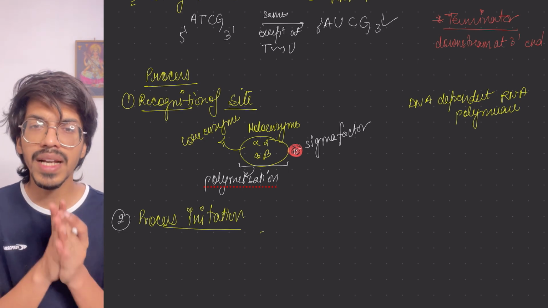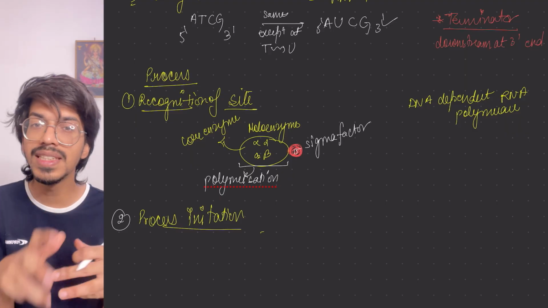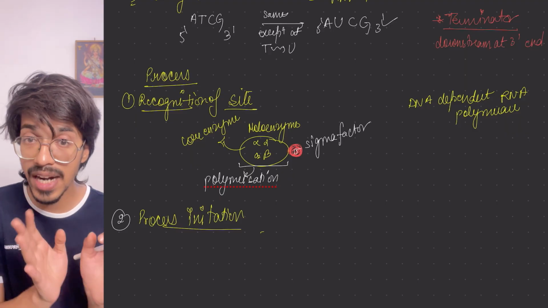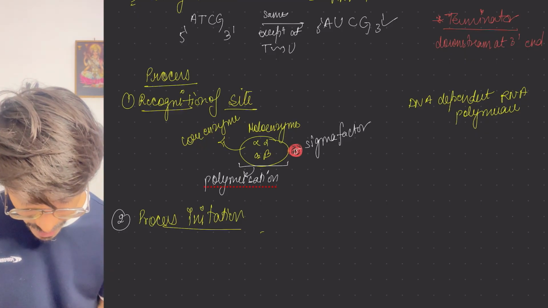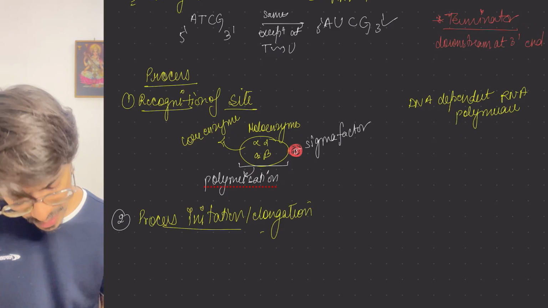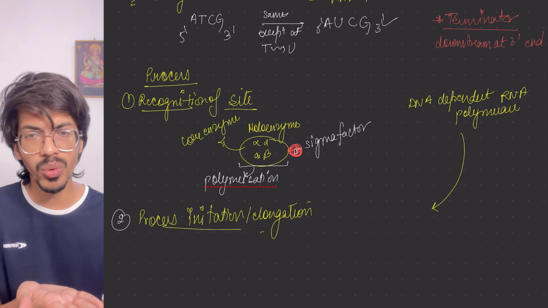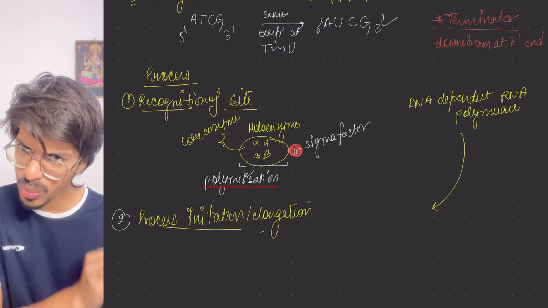The TATA box and Pribnow box, these terms have been told to you, so you have to remember them. They will be identified, the process starts, and elongation occurs. Who will do the elongation? The same factor, with its dual function, along with all the substrates. It will keep on doing it.